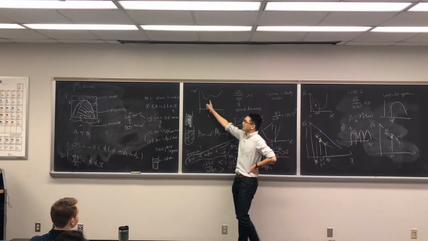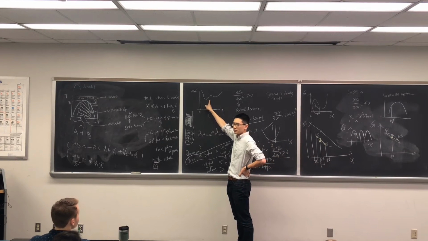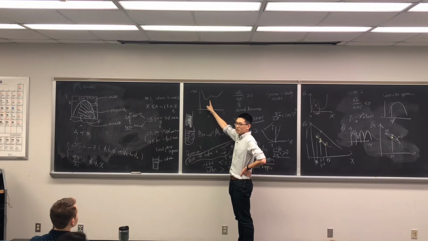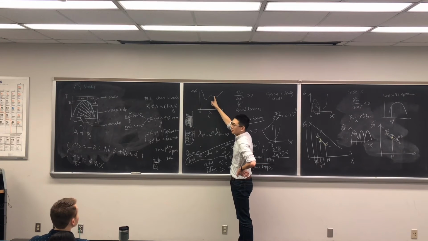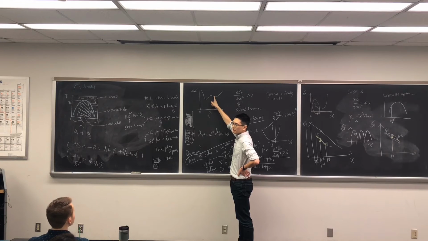Similar to here, this funky curve I drew shows that locally in the center you would have an unstable state, right?